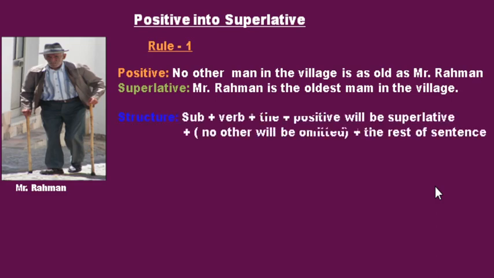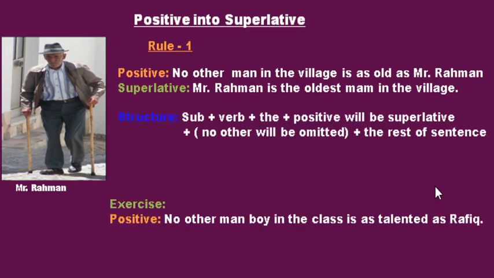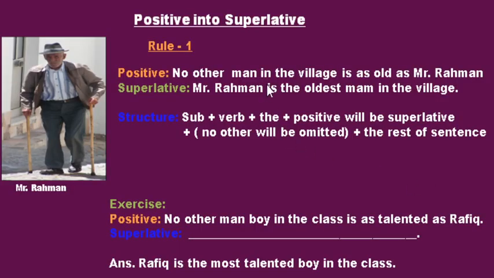Then positive into superlative. You can see, no other man in the village is as old as Mr. Rahman. Here you can see superlative form. How you can change it? In case of superlative form, you have to take last subject.